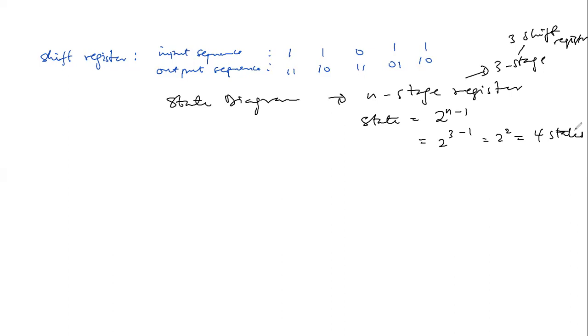So for us to be able to generate the state diagram from the connection diagram, the state table will have to be developed. So we need to develop the state table. So let's take a straight line again.